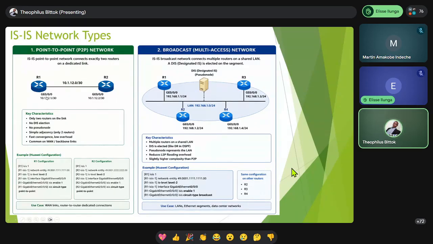On R1, I configure the port as point to point, and then on R2 I configure broadcast. It's not going to form the adjacency. So that is something you may consider to check.